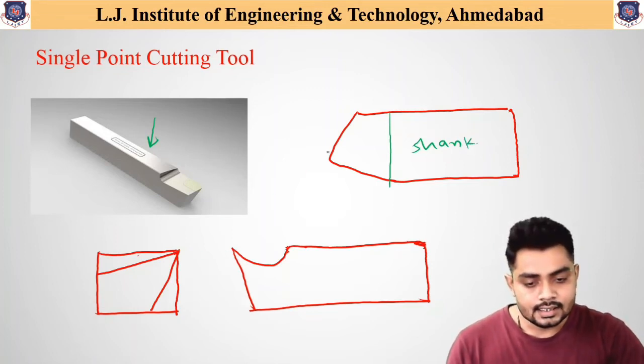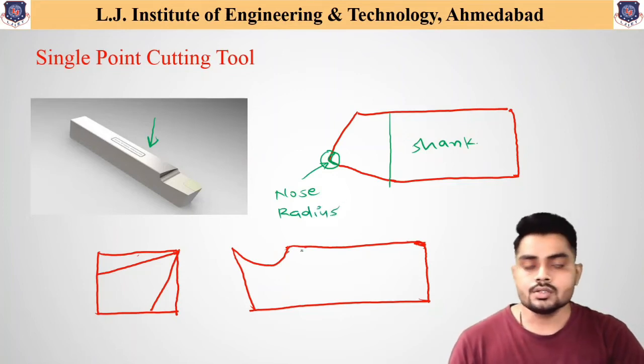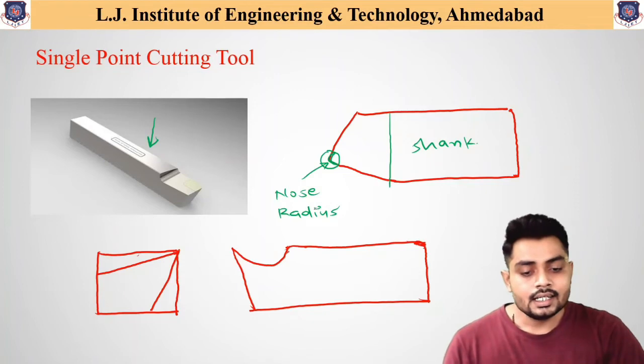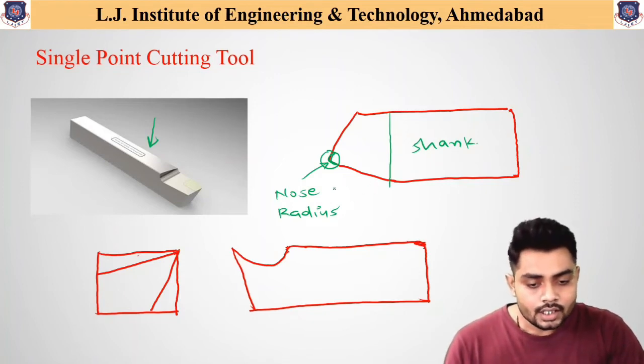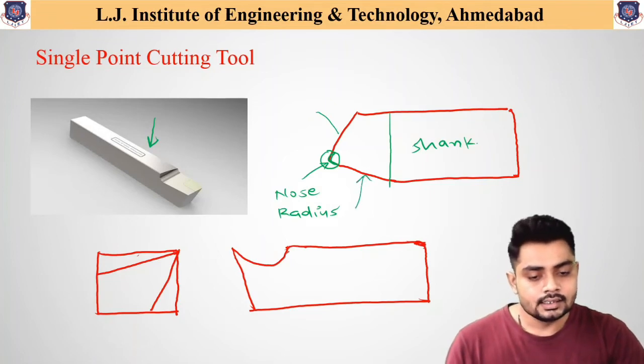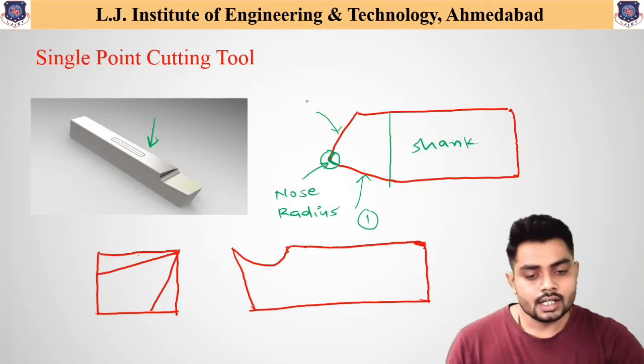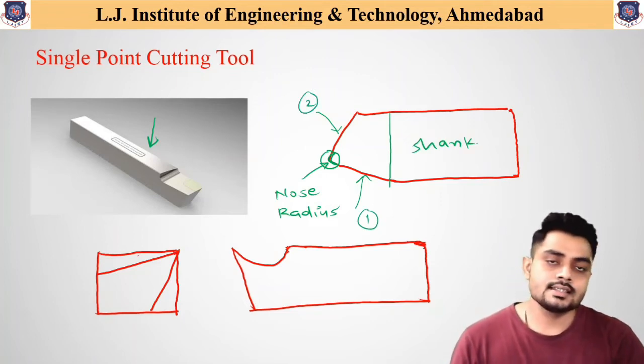And this is the cutting tip, and this cutting tip has a certain curvature, a certain radius, and it is known as the nose radius. Similarly, as you can see over here, these are the two major cutting edges. This is the first one and this is the second one.